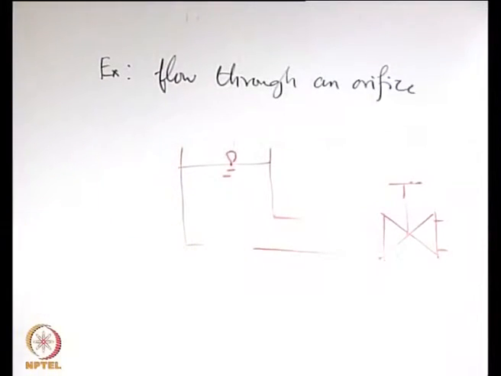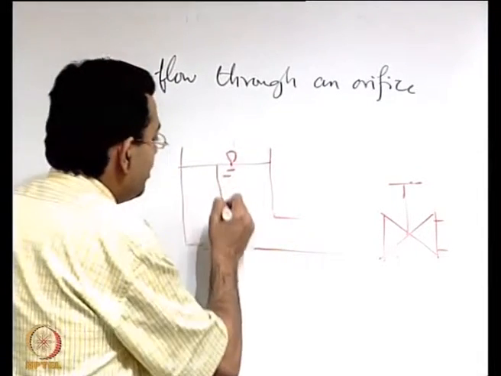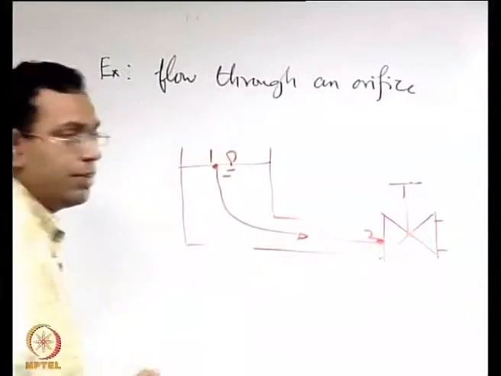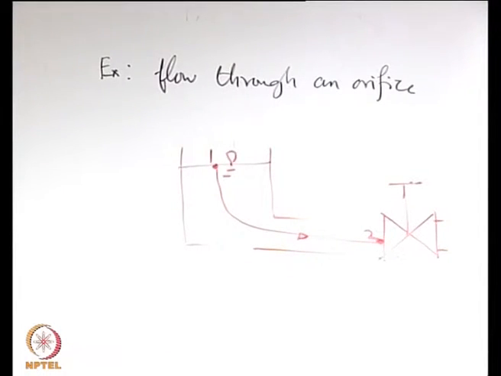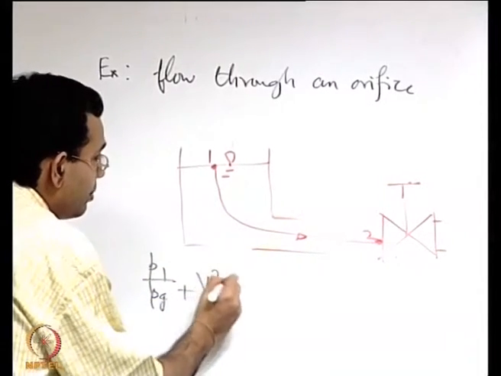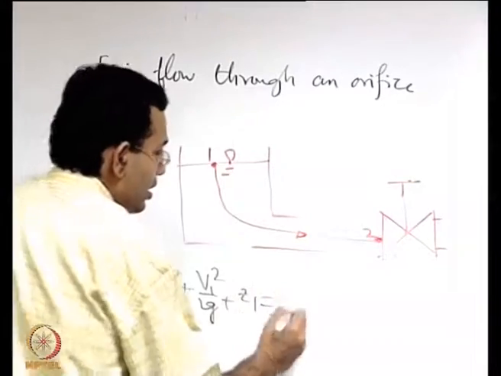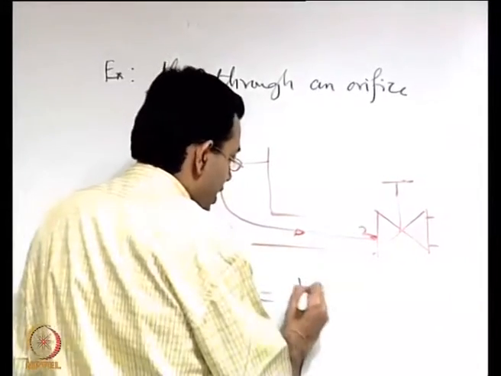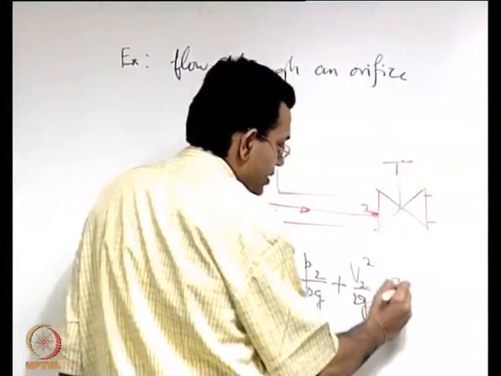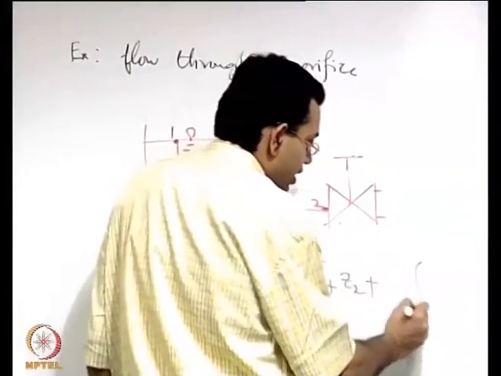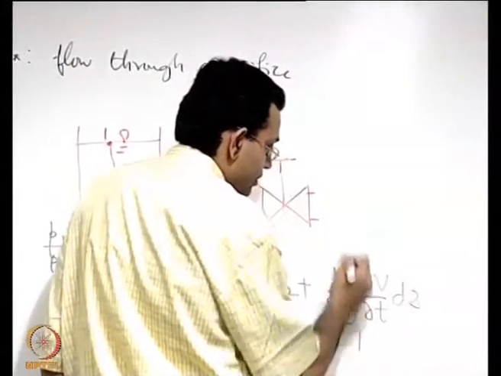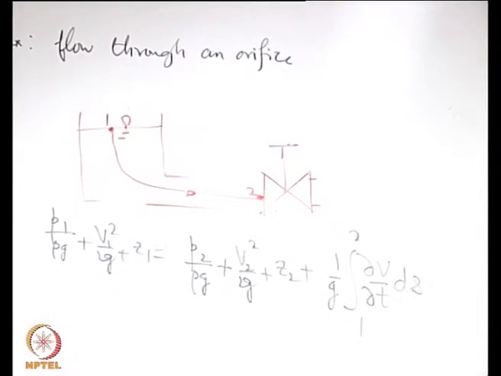over each section. So if we consider a streamline between, say, points 1 and 2, and write the Bernoulli's equation, here the velocity is clearly a function of time. So you have to write P1 by rho g plus V1 square by 2g plus Z1 is equal to P2 by rho g plus V2 square by 2g plus Z2 plus the integral of 1 by g, that is the extra term that you get because of the unsteadiness.